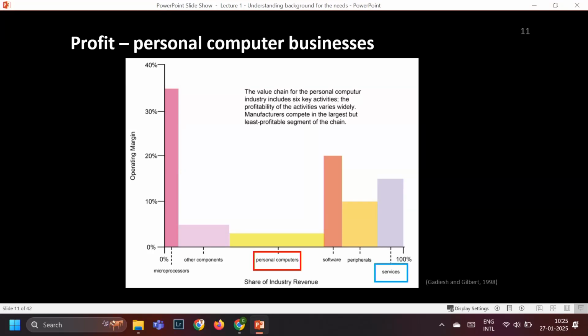And you see here, as I said, services take place at the downstream of the value chain, whereas the product provision manufacturing takes place in the middle. So this smile curve clearly explains the higher profit ratio of the service business compared with the manufacturing business.